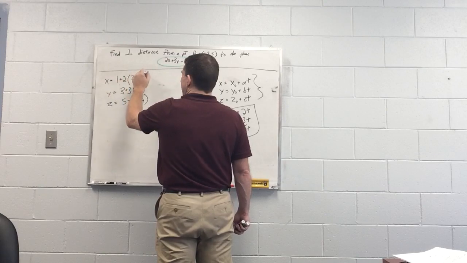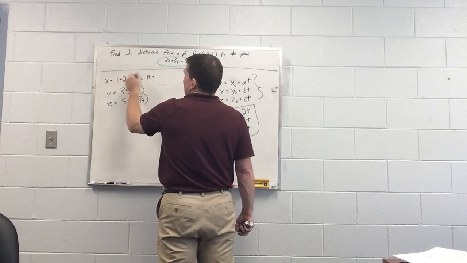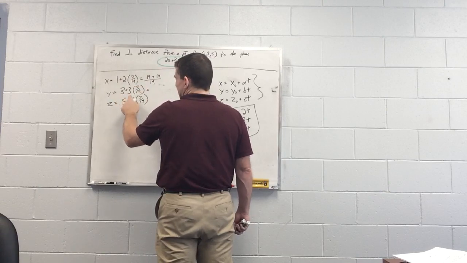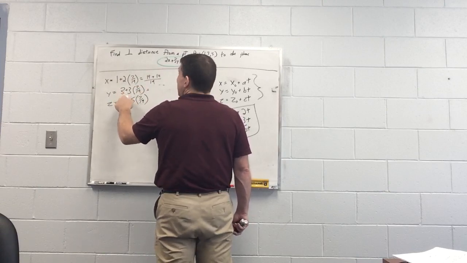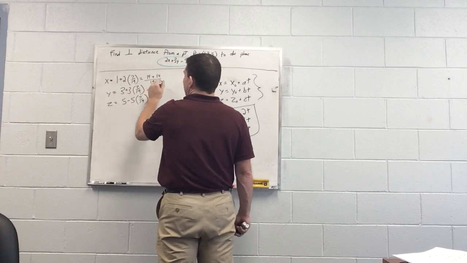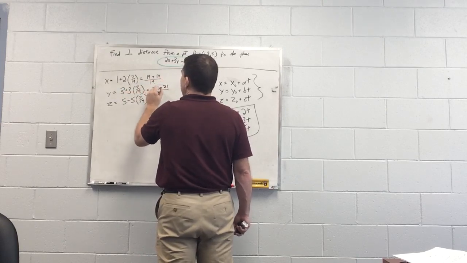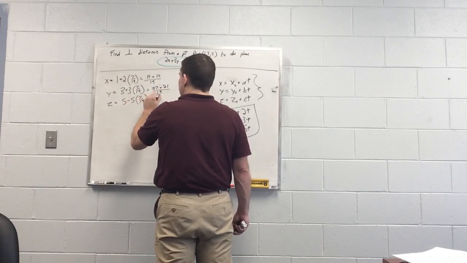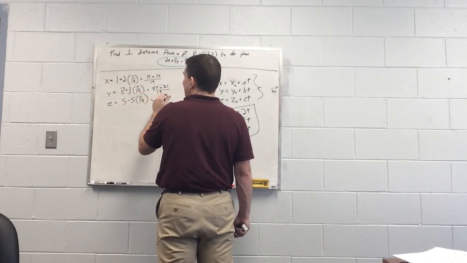Let's see, that would be 19 over 19, so it's 19 plus 7 times 2, 14 over 19. This is, let's see, over 19, 3 times 19 is 57. So that's 57 plus 3 times 7, which is 21 over 19. 5 times 19 is 95. So that's 95 minus 5 times 7, 35 over 19.